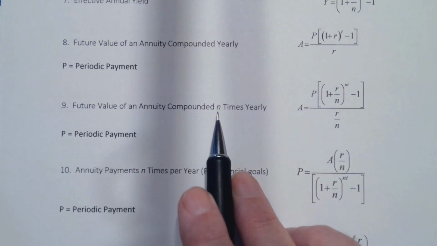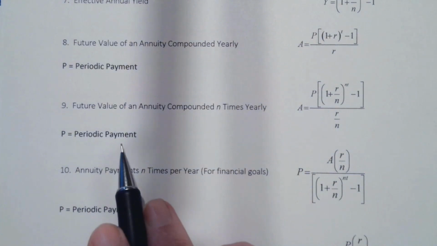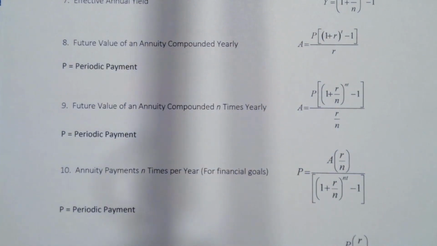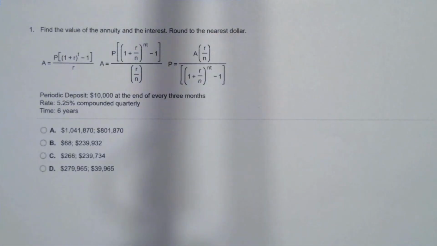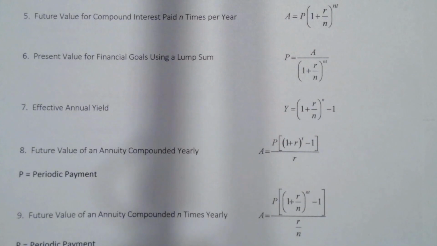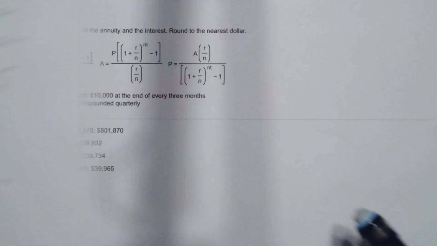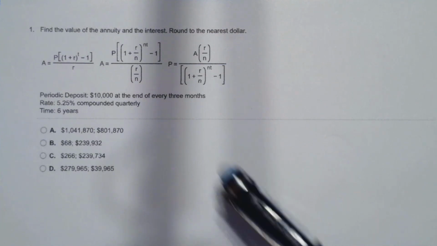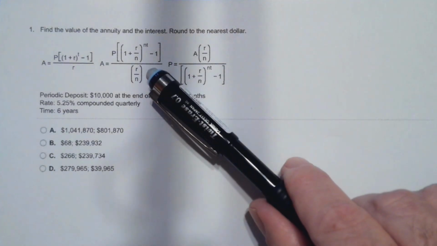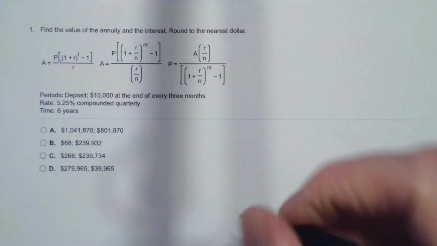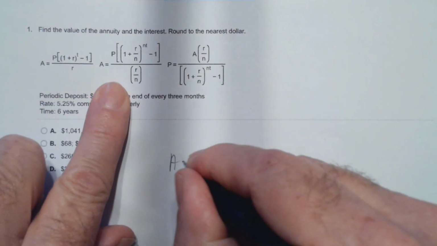In our case it's 4. So N is 4, and the periodic payment, I think it was $10,000. All to say, this is the formula that we're going to use here. So that would be this one here. So I'm going to go ahead and write that down.